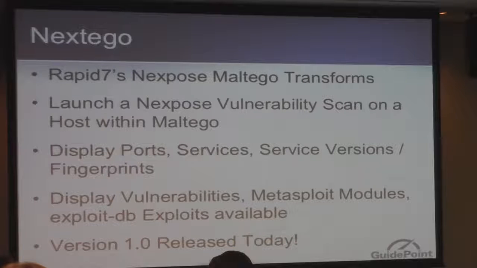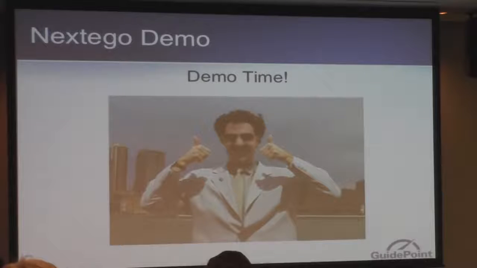So Maltego pretty much allows you to launch a vulnerability scan from a host that you've been doing some reconnaissance on within Maltego. It allows you to display port services, service versions, or fingerprints, vulnerabilities, Metasploit modules, Exploit DB exploits. All right. Just made this public on my GitHub account as well, so you can always download that.